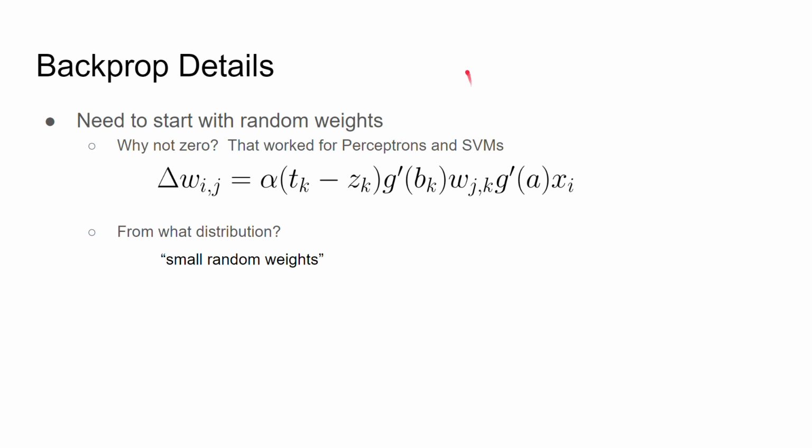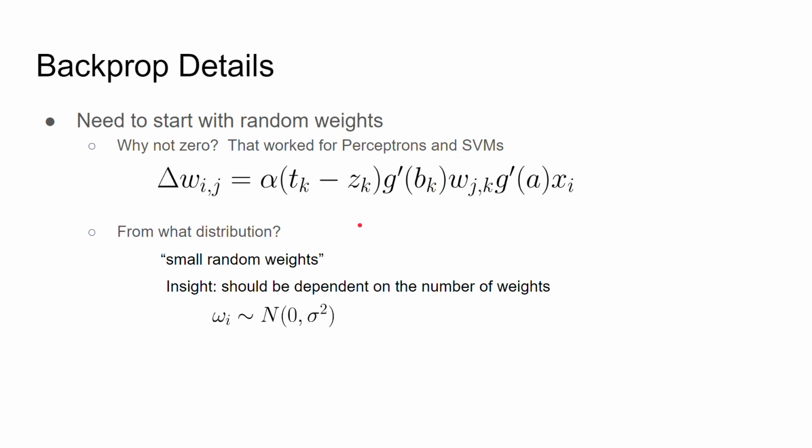So nowadays, people have generally consolidated on a couple of different algorithms. I will note there's a bit of an insight here: however we initialize these weights, it should be somewhat dependent on the number of weights.